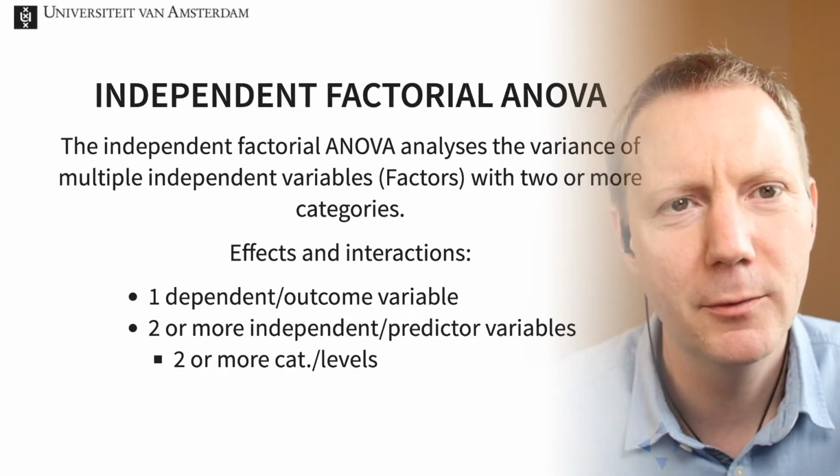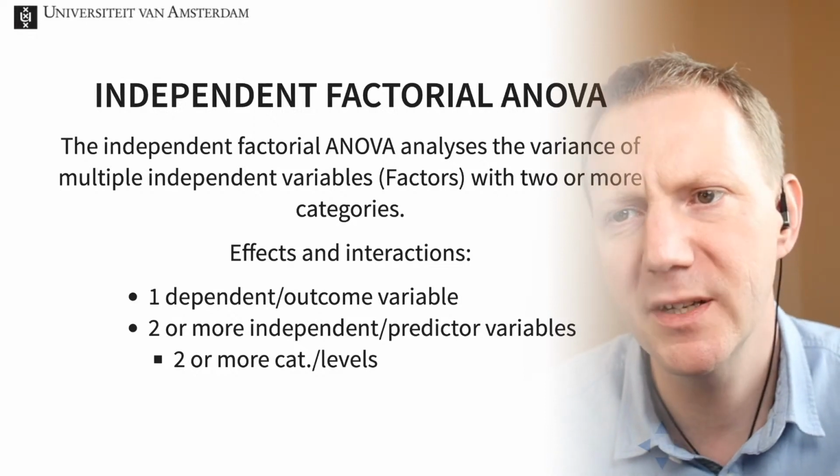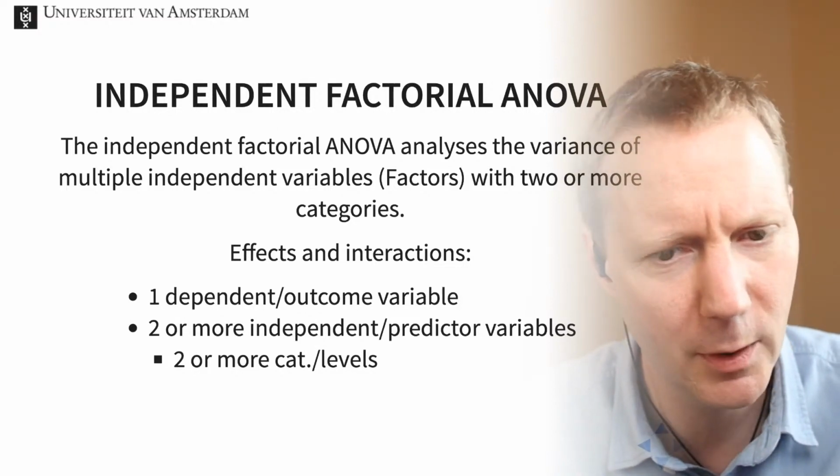This is restating what we just concluded, but it's good to have a clear understanding of this. I'm not sure if I mentioned this at one point, it's also good to try to visualize such an analysis in the way the data is structured in SPSS. So for example, if I'm thinking of this independent factorial ANOVA, I know that in SPSS I have a column which stands for one independent variable which could have two or more categories, and I have another one because it's factorial which also has categories.